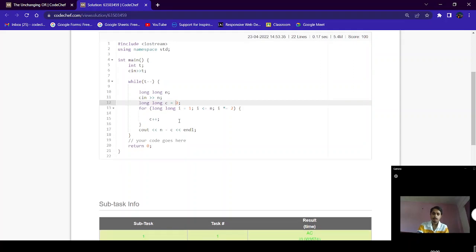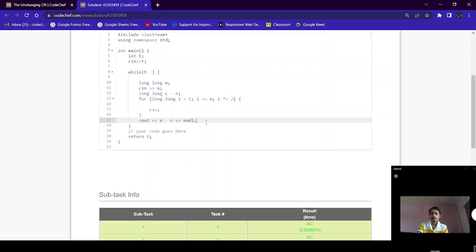This c stores the count of the positions where f of i is not equal to f of i minus 1, and as I have explained, those will be the positions which are powers of 2. Once we have found the positions where f of i is not equal to f of i minus 1, for the remaining positions f of i will be equal to f of i minus 1. So just subtract n minus c and you will get the answer.